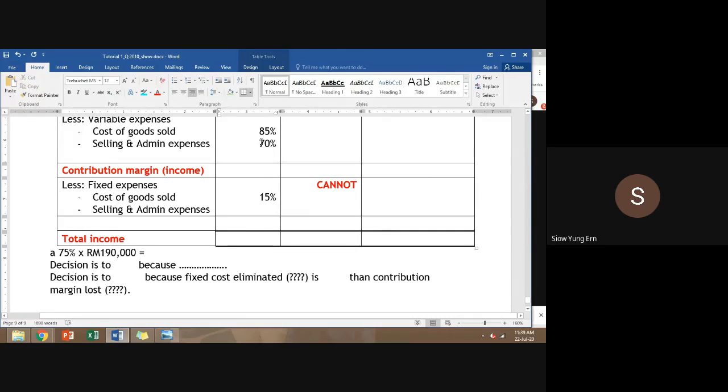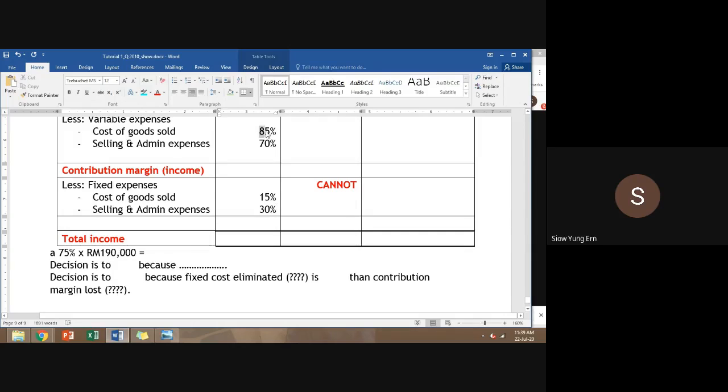Just now you use 70%. So now you use the remaining 30%. How much? Correct, 22,500.